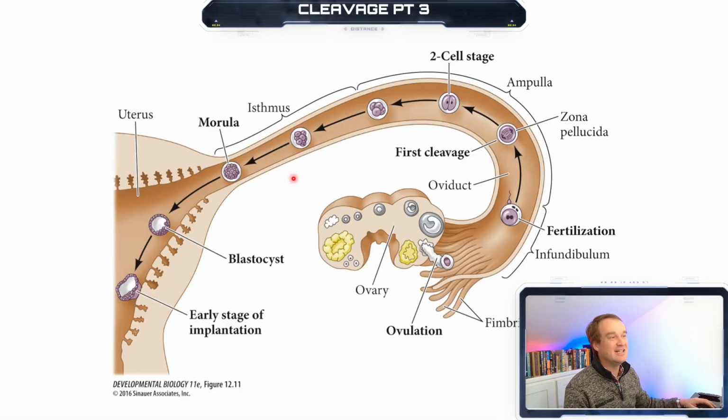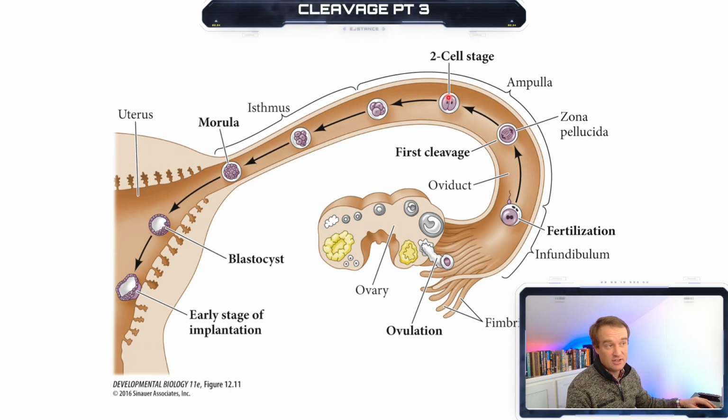All right. So we've seen this image before. The cleavage for mammalian cells starts very early. Or I should say fertilization starts very early. So you can see that we have the ovary here. We have ovulation, where the fimbriae help push the egg into the oviduct, the fallopian tube here, and fertilization happens very far up there.